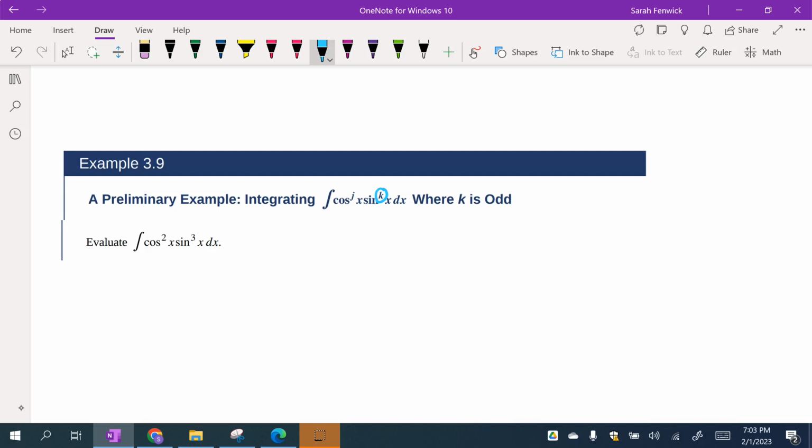To do this one, we are going to use sine to the third x, rewritten, broken up as sine squared x times sine x. The reason we're doing this, sine was to an odd power, and we want an even power in there, like squared specifically when possible.